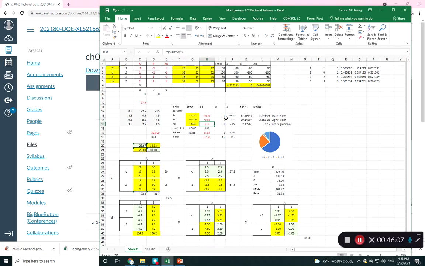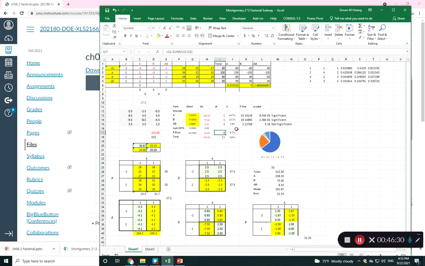But this is too simple, so I don't want to do that. And so I have my sum of square. And you know that your total variance minus those 3 effects is your leftover for your error term. Agree? And how many degrees of freedom for the error term? 11 minus 3 is 8, right?